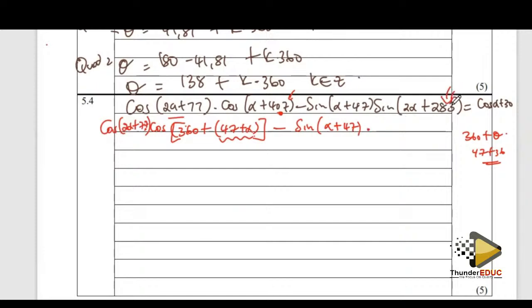Where do I find 283? 283 is in the third quadrant, which is 180 plus something. So 283 minus 180. I won't use that, that doesn't make sense. No, 283 is in the fourth quadrant, not third. So 360 minus 283 is 77.